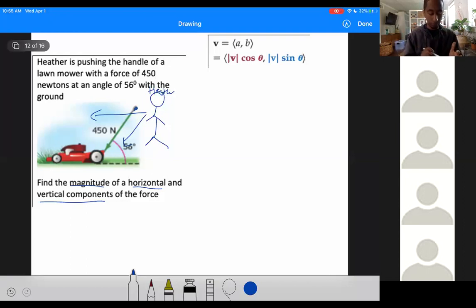If Heather was on the ground and the handle was flat, she would only have a horizontal component because she would strictly be pushing forward. But because Heather is standing up, she's pushing it both forward and downward. There are two components to the force.